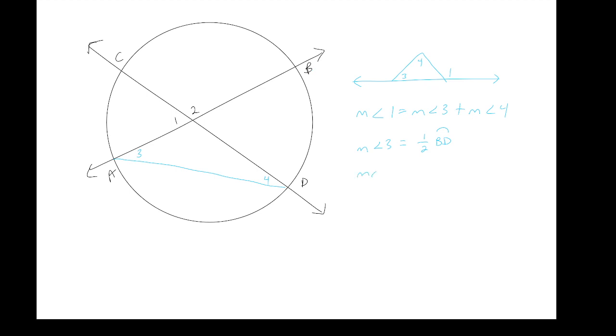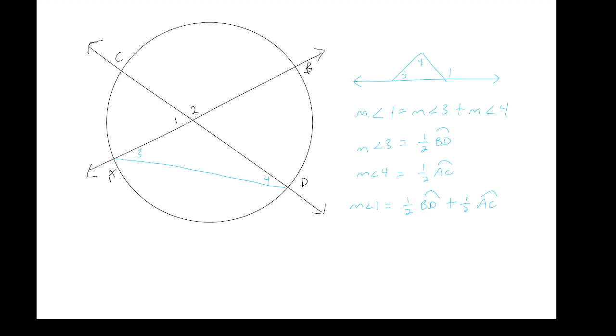So think about how we construct the measure of angle 4. Well, that's going to be 1/2 of, right, this guy, the intercepting arc, which is AC. So I can substitute here. So really what I have here is the measurement of angle 1 is going to be equal to 1/2 BD plus 1/2 of arc AC, right?